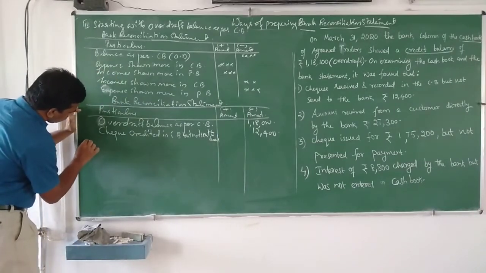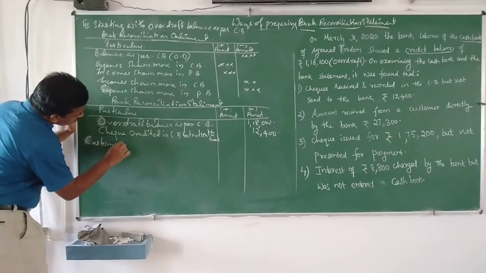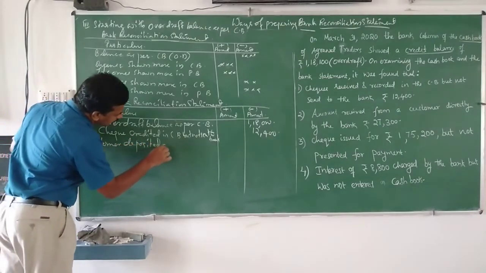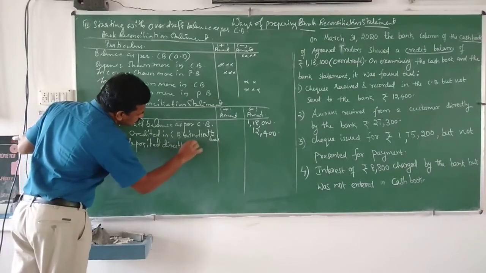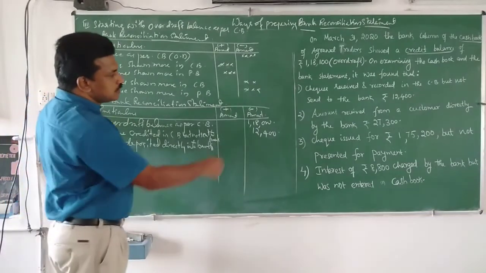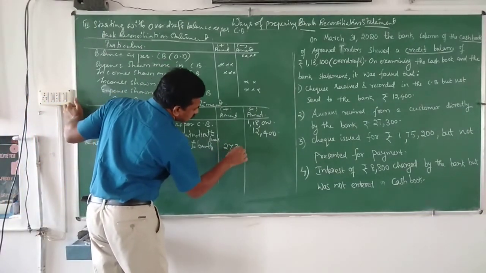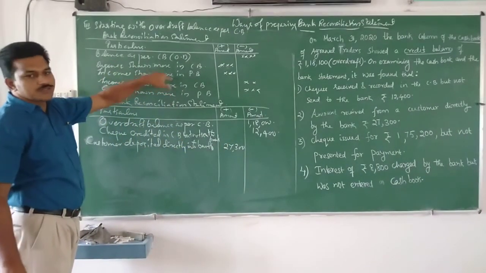That means customer deposited directly into bank. How much? 27,300. Income shown in passbook is added.